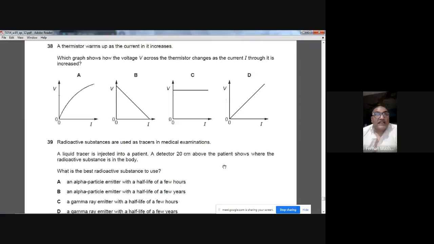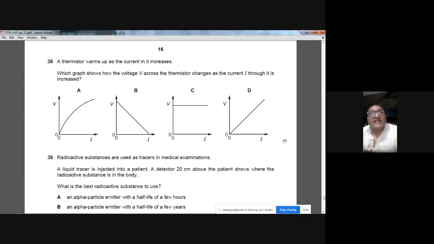Question number 38. A thermistor warms up as the current in it increases. Which graph shows how the voltage across the thermistor changes as the current I through it is increased?